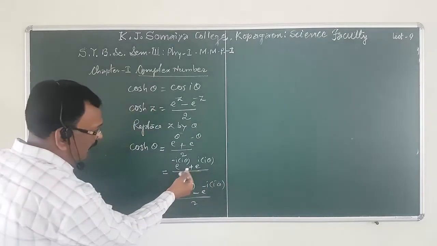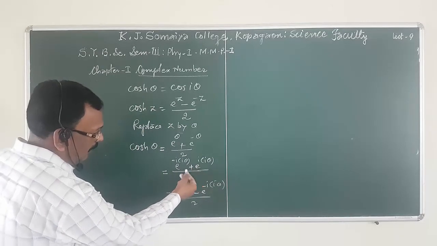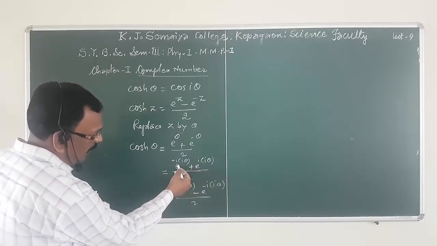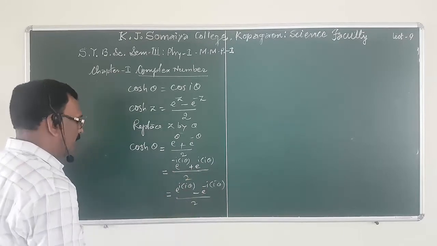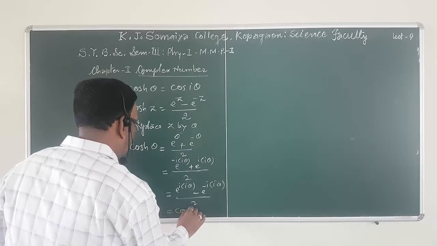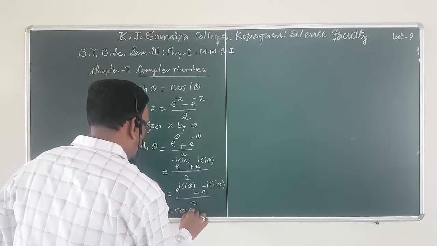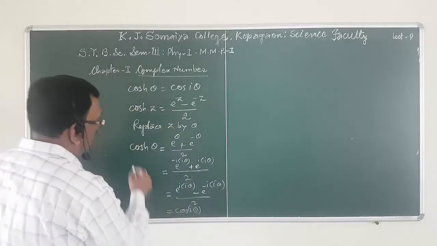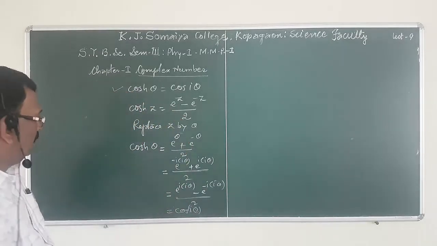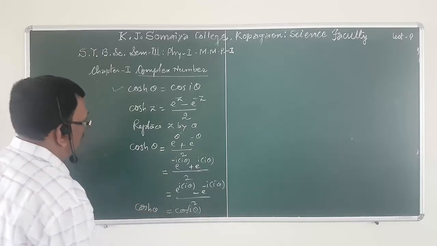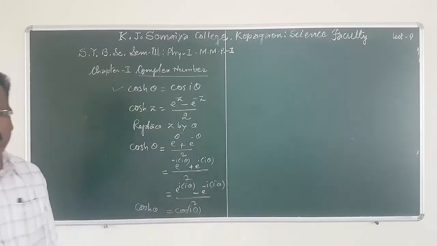Here we simply interchange the terms, that is take this term here and this term here, we get this term, and this term represents cos i theta. That is, we have cosh theta is equal to cos i theta.